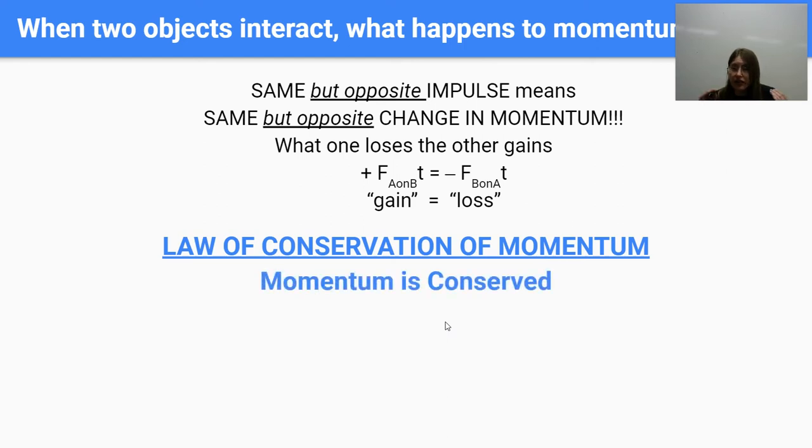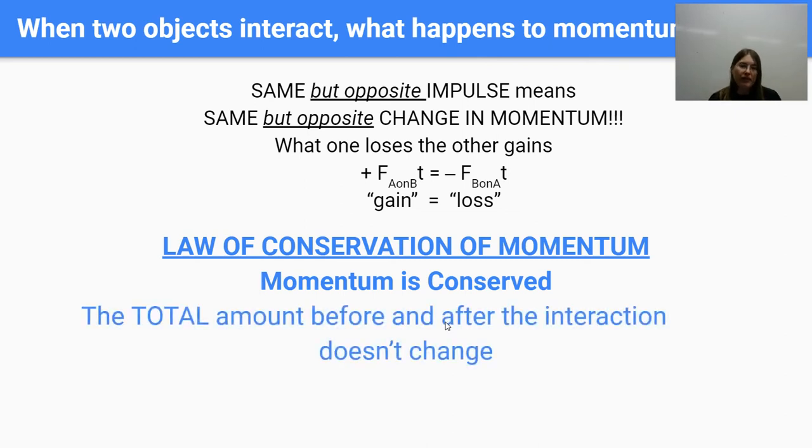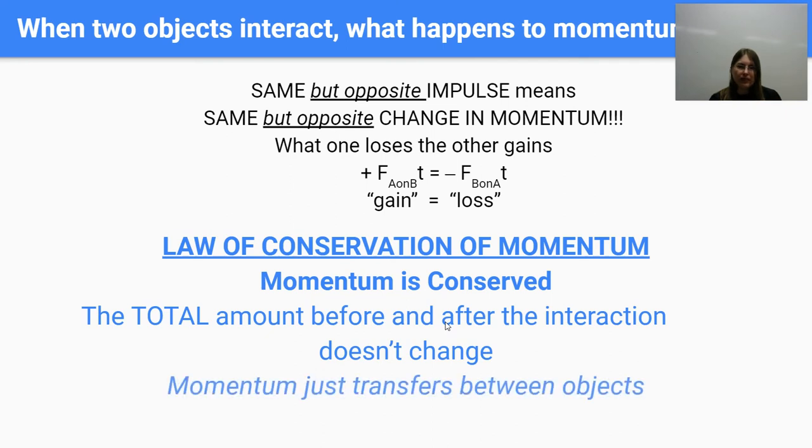This is the law. It's called the law of conservation of momentum. Momentum is going to be conserved. The total amount of momentum before and the total after an interaction does not change. The total doesn't change. Individually, sure. Total, no. Okay, so the momentum is just going to transfer between the 2 interacting objects, but it doesn't disappear. It's all still there.